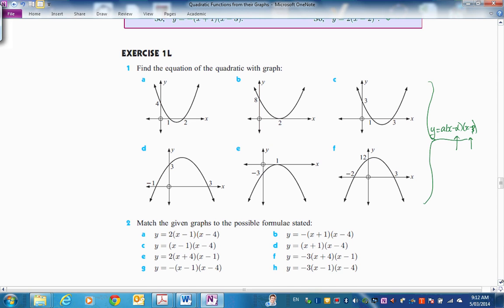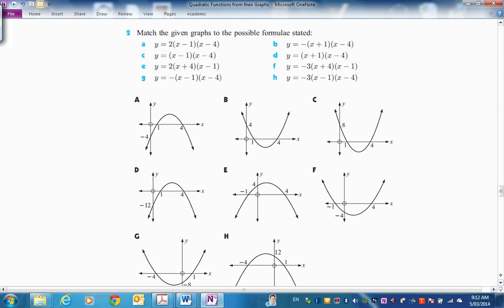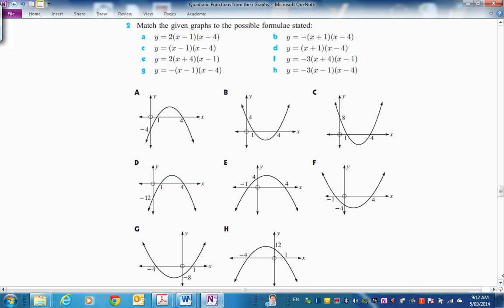Question 2 is a fun question because it gives you some formulas and you've got to match them with the graph. Okay, so is A? I don't think so. Okay, so you've got to match this one, find its x-intercepts, have a look at its steepness, is it concave up or concave down, and then go and find which graph matches A, and go through each of them. Be careful here, this sign in front would mean concave down.